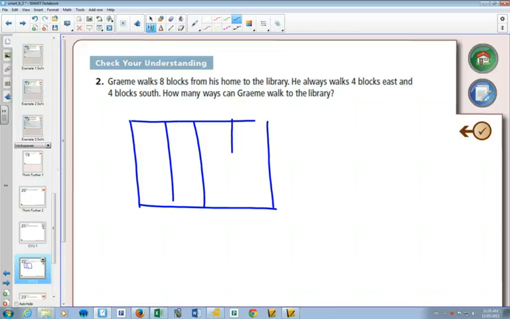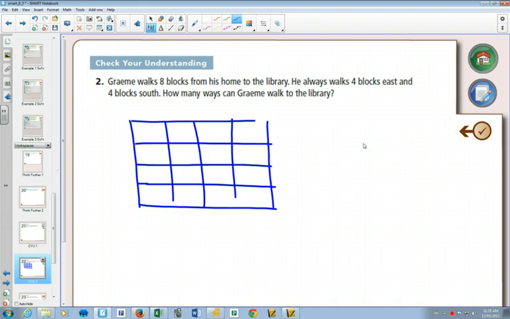1, 2, 3, 4. 1, 2, 3, 4. So where would his home be and where would the library be? Top left, home up there, because he walks from his home to the library.